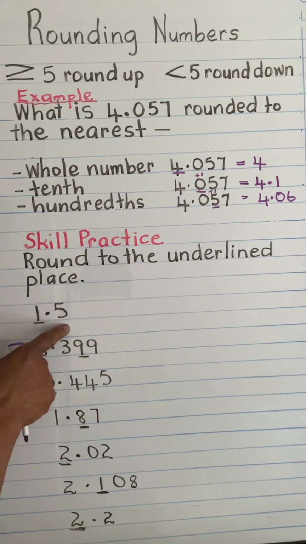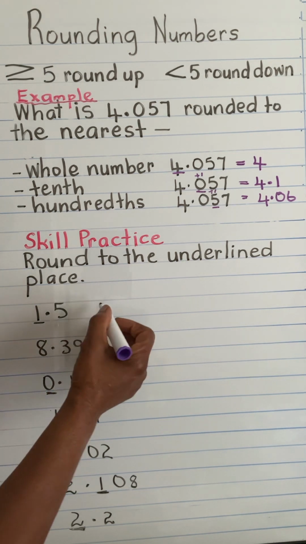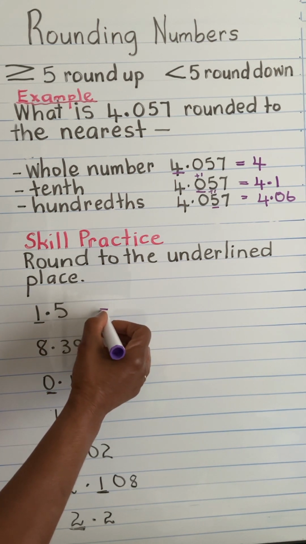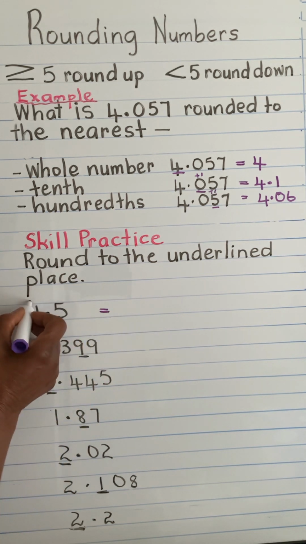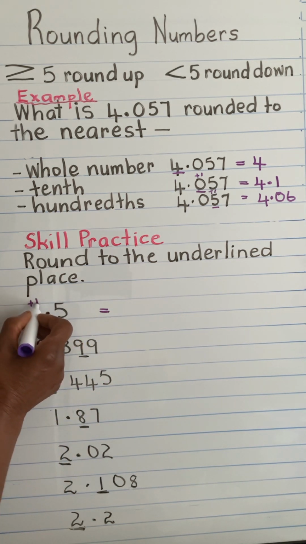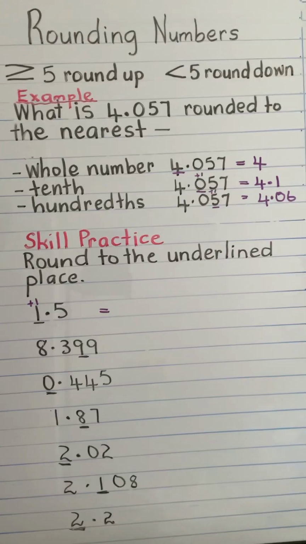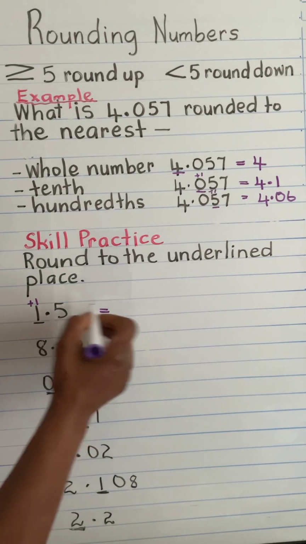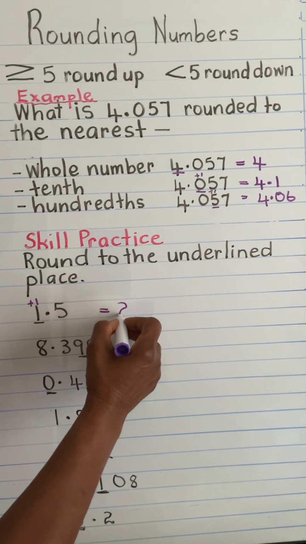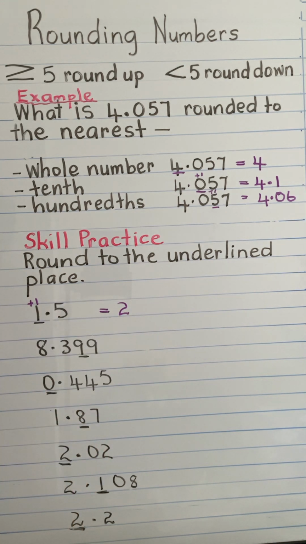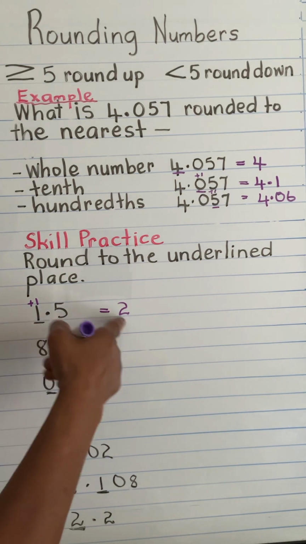We look to the right and we see 5. So that means we're going to round up. That means we add 1 to the rounding place, and that is equal to 1 plus 1, 2. So 1.5 to the nearest whole number or the nearest ones is equal to 2.